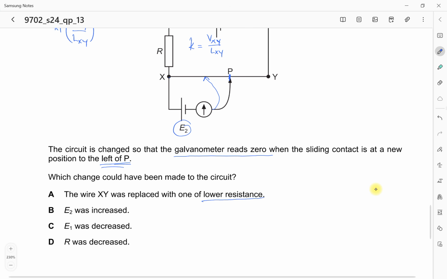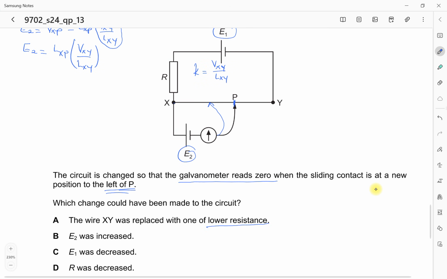Lower resistance means if resistance of XY is decreased, it means the PD across XY has decreased because the PD across XY depends on the current and the resistance.